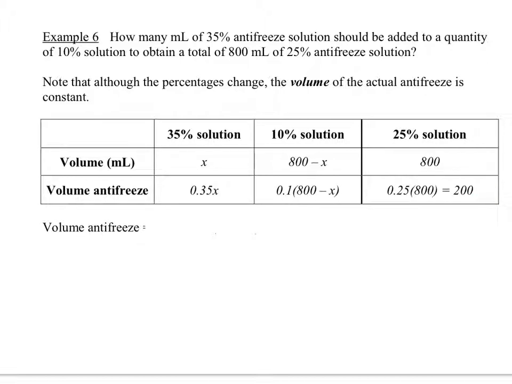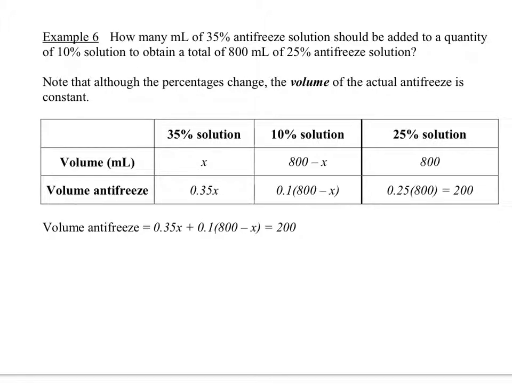So the volume of the antifreeze is equal to 0.35X plus 0.1 times 800 minus X, and that should be equal to 200. That's an equation, and because it's a nice, reasonably easy equation to solve, we can do that.